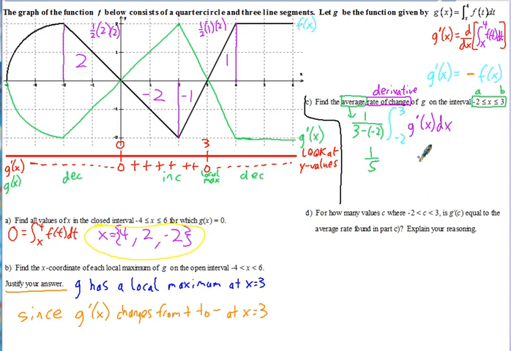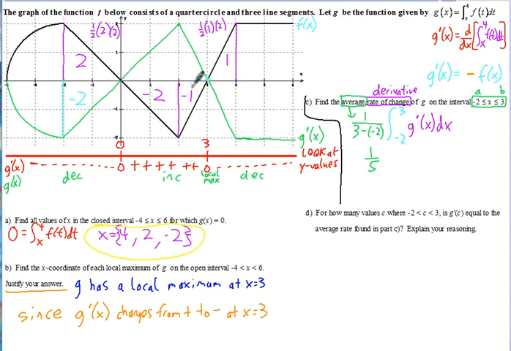And that's to remember we've got the graph of g prime right here in green. So this just represents the area under the curve from negative 2 to 3. So from negative 2 right here to 3 right here. So the area of this triangle, if this one was 2, this one would be negative 2.